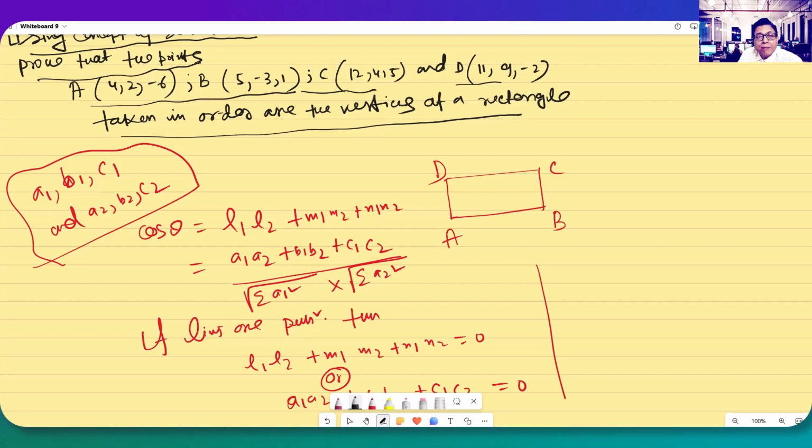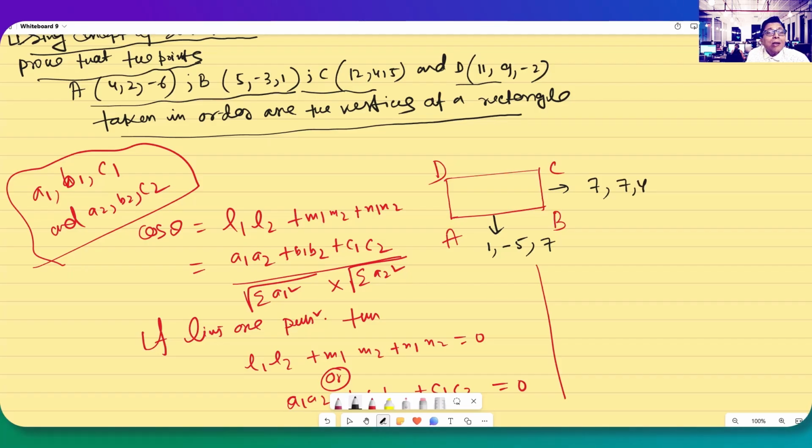So how to proceed in this sum? Four points are given. You just write the direction ratios of AB, AD and DC. That is enough. Direction ratios of AB: 5 minus 4, 1, minus 3 minus 2, minus 5, and 7. For BC direction ratios are: 7, 12 minus 5, 7, and then 4.